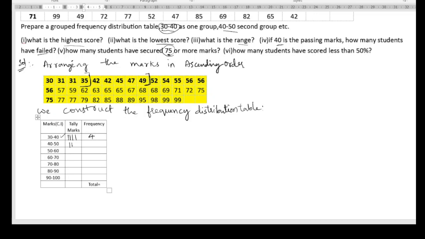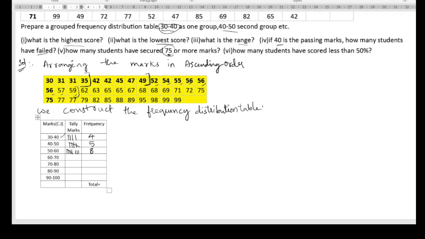So let us draw 5 lines: 1, 2, 3, 4, and the fifth line cuts these. After this, 50 to 60: here we are before 62. 1, 2, 3, 4, 5, 6, 7, 8. So 8 lines are there.